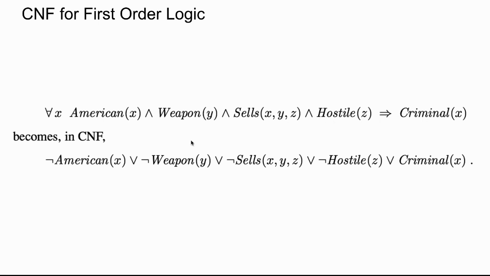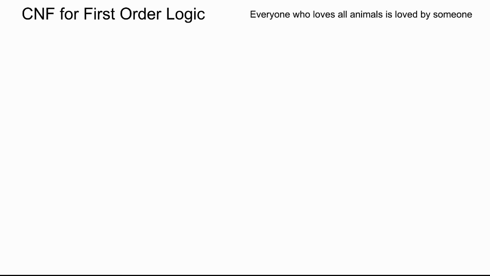To convert that into the CNF form, you can drop for all because that doesn't really matter, and you remove this implies, it will become not of this whole thing or this thing, and then you take the not inside, you get this thing. So you have a single clause over here. You do not have an and operator. Everything is just connected by or. So it is a single clause that is there in your CNF format.